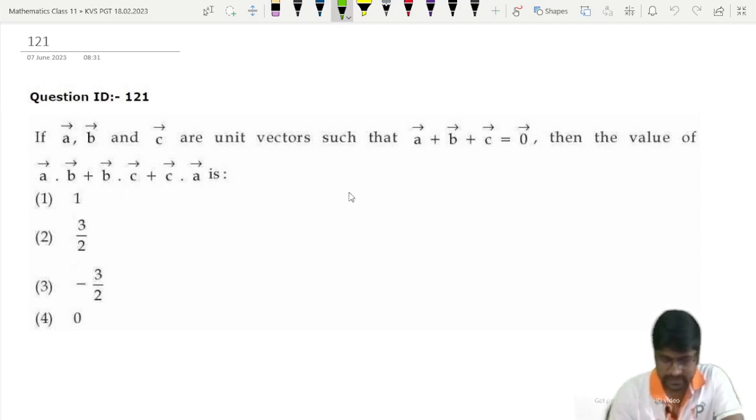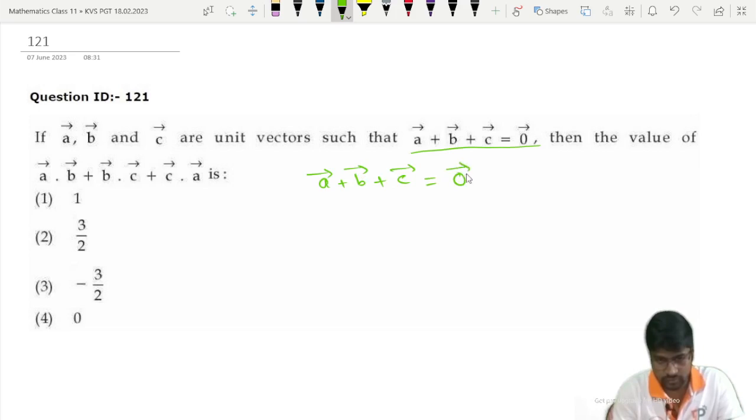So how will we deal with this question? See, the given condition is that a plus b plus c is equal to 0. So just write that condition: a plus b plus c is equal to the 0 vector.